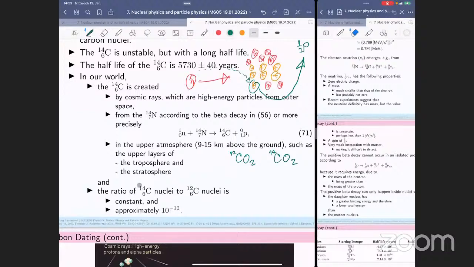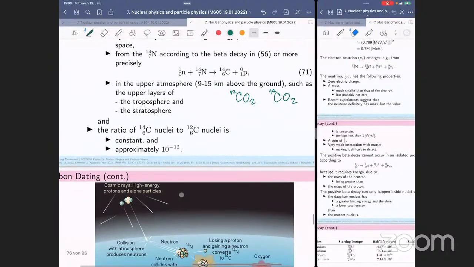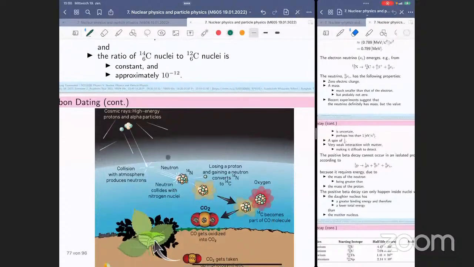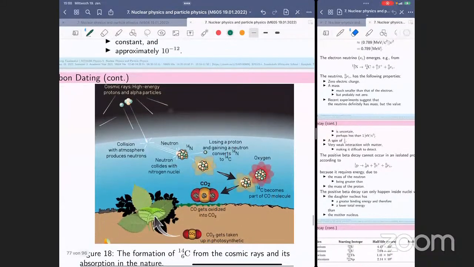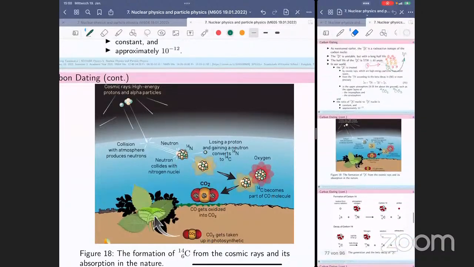Okay, but still we have carbon-14 at around 1 piece from 1 million pieces of carbon-12, okay, carbon candidates. But the ratio is constant. Okay, if you don't completely understand, just take a look at this. Okay, we arrive at the carbon dating, right? Okay.